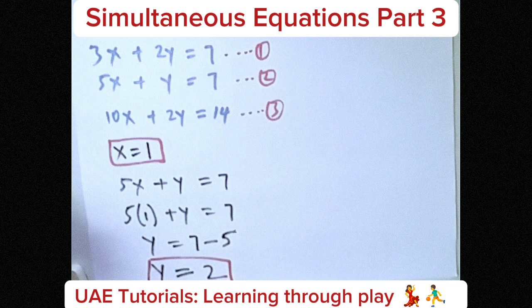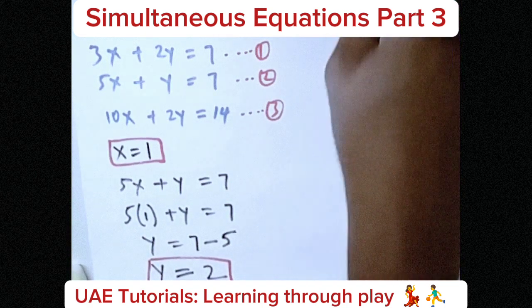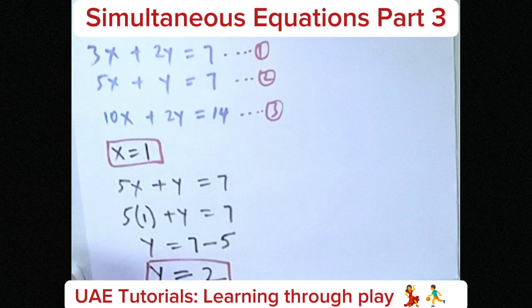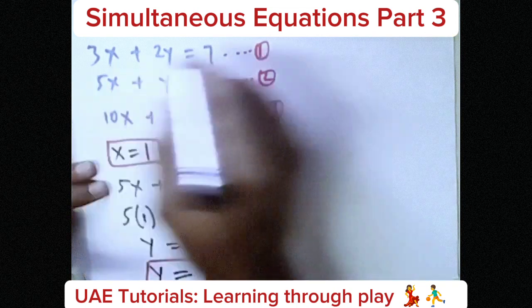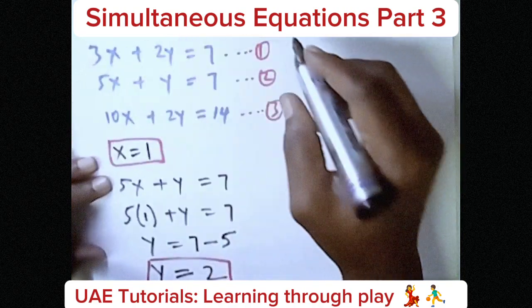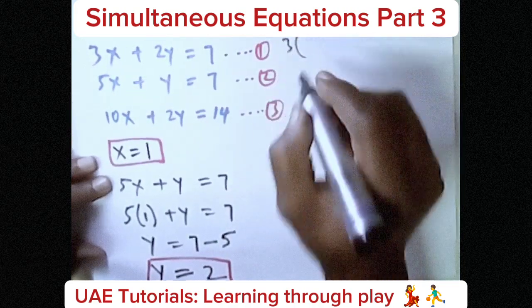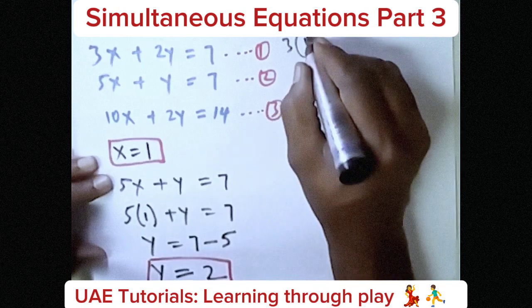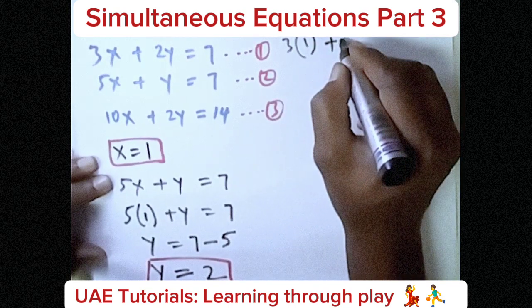Now we want to substitute these into the two original equations to see if we will arrive at the answer. Let's do it very quickly. So for equation 1, 3x plus 2y, whenever we see x, we will put 1, plus 2.